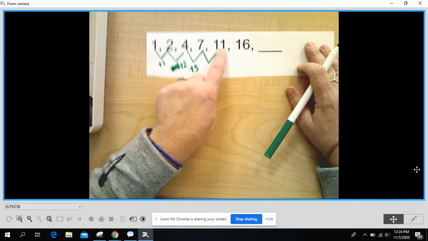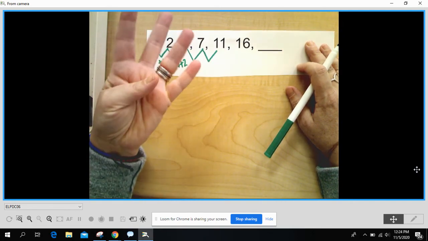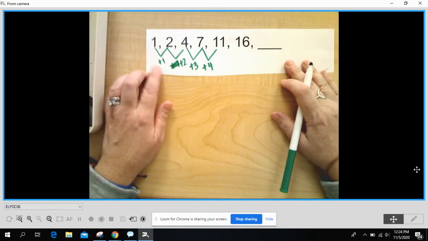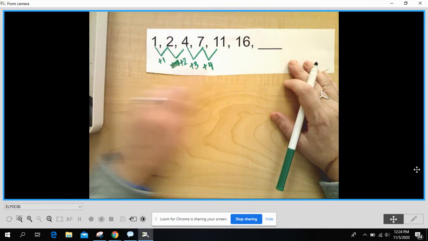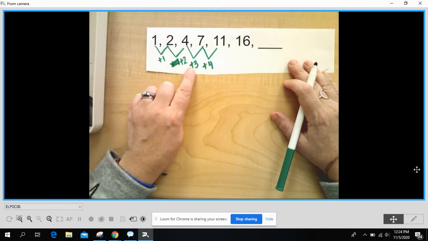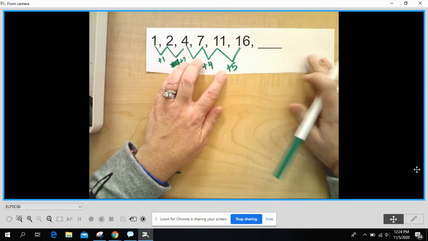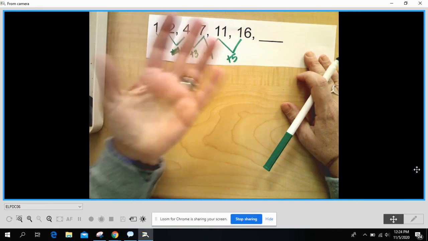Well, 7, and I have to get to here. 8, 9, 10, 11. I think I have it now. So that is a +4. So my pattern in my numbers down here is growing also. +1, +2, +3, +4. Do you all think this is going to be a +5? I do. So 11, 12, 13, 14, 15, 16.